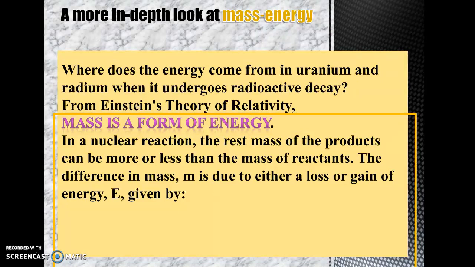So in a nuclear reaction, the rest mass of the products can be more or less than the mass of the reactants. But the difference in the masses between products and reactants is due to either a loss or a gain of energy, and it can be calculated using E equals delta m c squared.